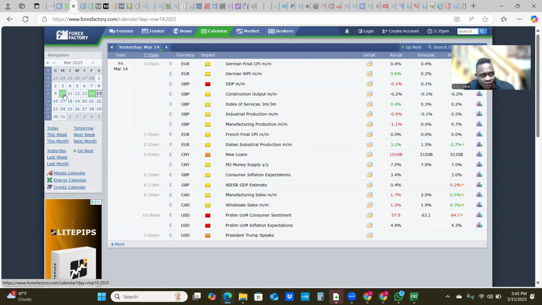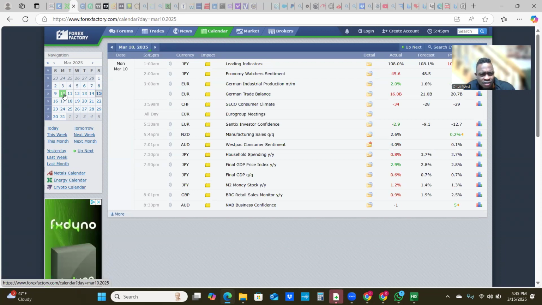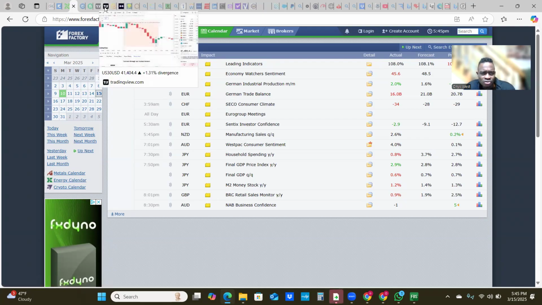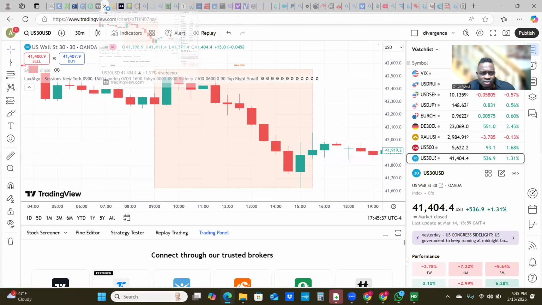We don't get in before or during the news; we get in after the news is out. So for March 10, we're looking at the calendar, we don't see any news on USD, so we're good to start our analysis for the day.